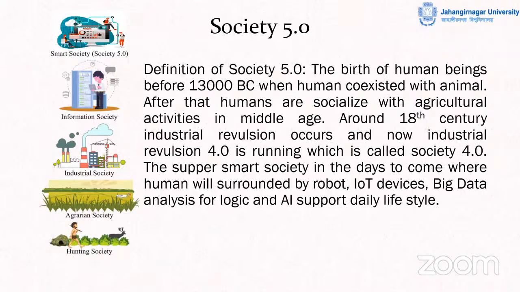It's a very important one. Society 5.0 was actually proposed by the Fifth Science and Technology Basic Plan of Japan. It follows all the other societies: the hunting society, Society 1.0; agricultural society, Society 2.0; industrial society, Society 3.0; and the information society, 4.0.